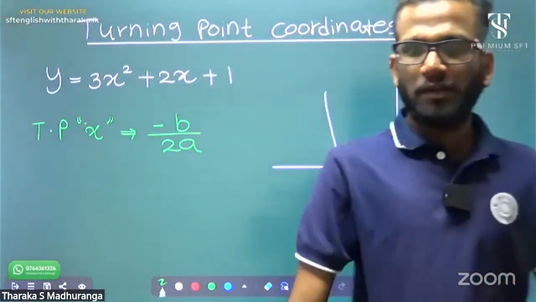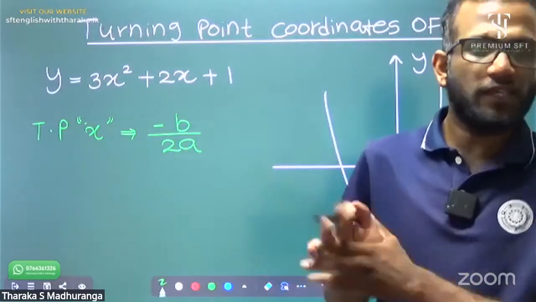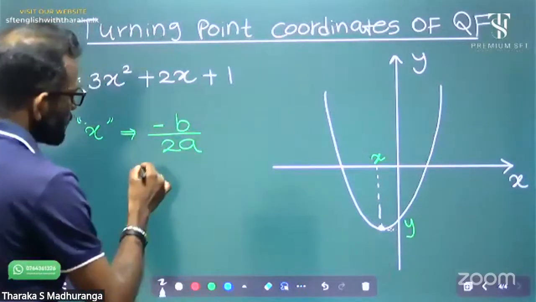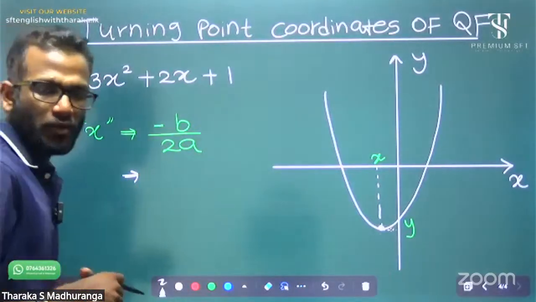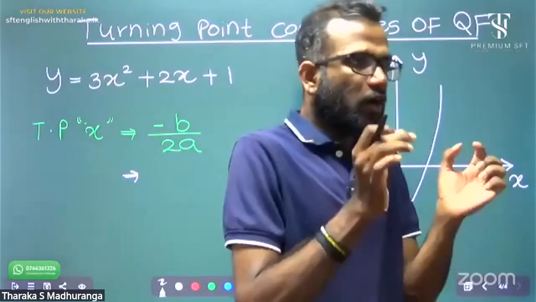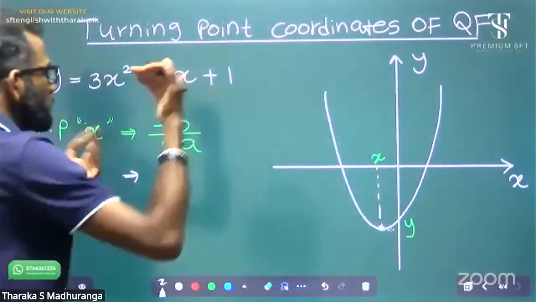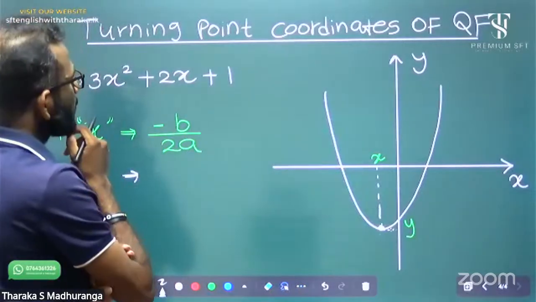Minus b over 2a is the equation. Last day I already explained how to find the a, b, c values. We did a lot of practice, that's the purpose. Now, what is minus b?